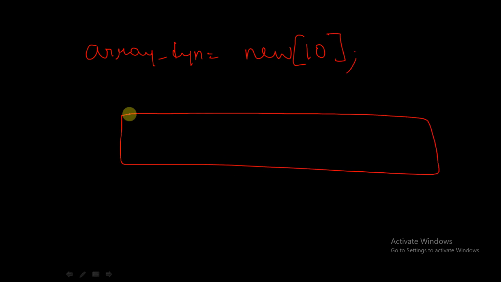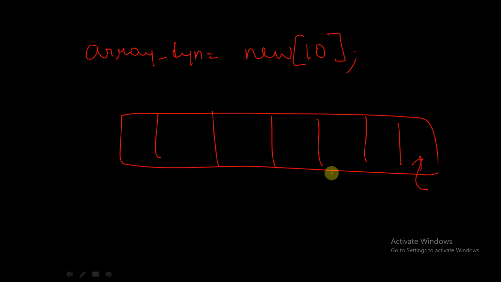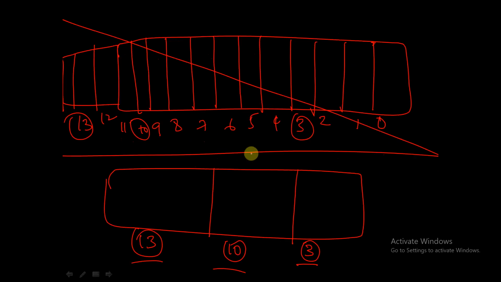So 10 locations will be created and 3 elements will be inserted, and the remaining locations will be empty. But in the case of associative arrays, you can insert elements in specific memory locations. Is it clear? Yeah, it's clear.